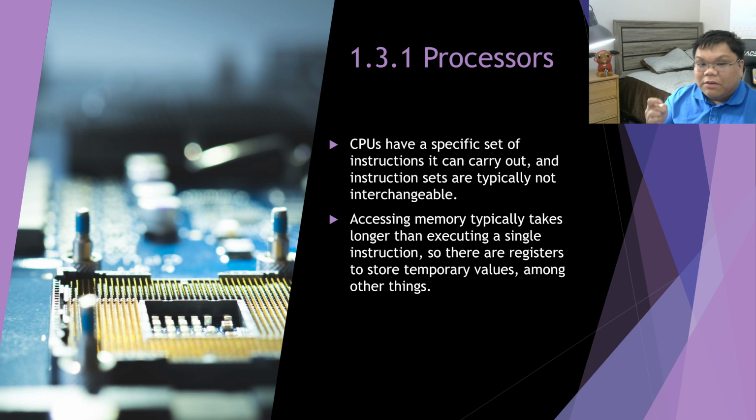So, instead of accessing memory, the first thing a CPU is going to do is look into what is called a register. A register is a small piece of memory. It's as fast as a CPU, but it can only hold 32, or I guess these days 64 bits worth of data.